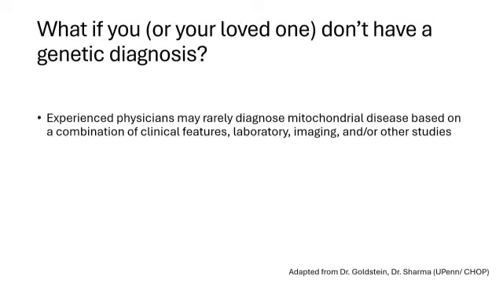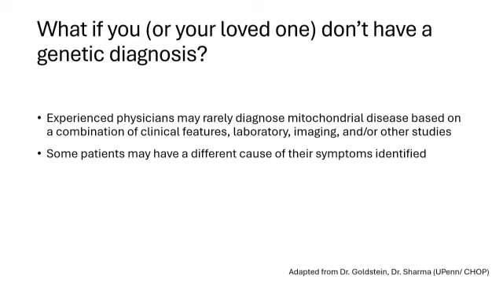We just haven't found the gene yet. Some patients will have other causes for their symptoms identified. The list of other diseases I just told you before, those are all published cases of patients who were identified as having a mitochondrial disorder based on biochemical testing, who were later found to have those gene changes instead.